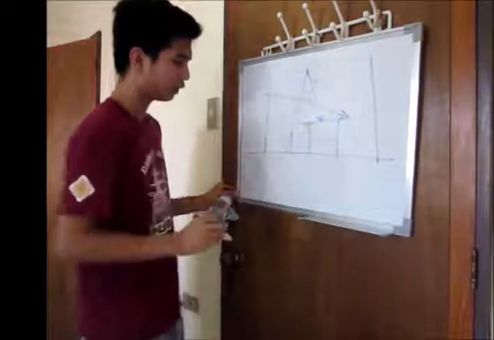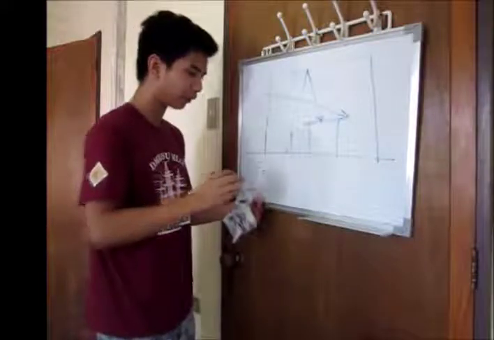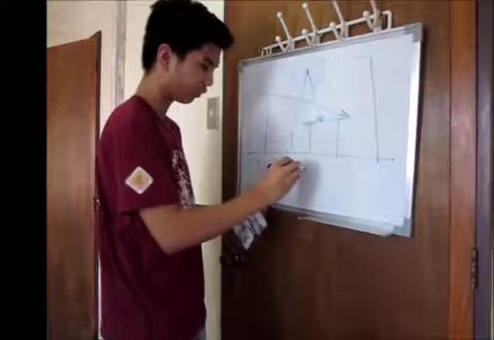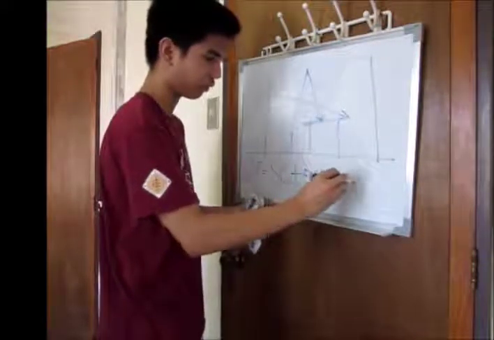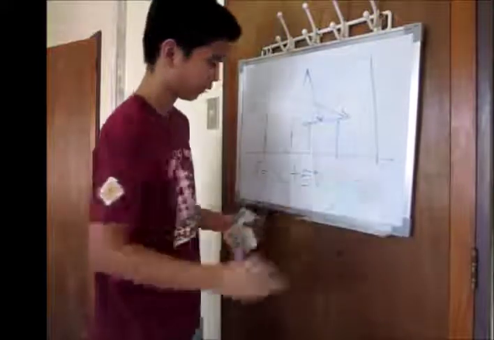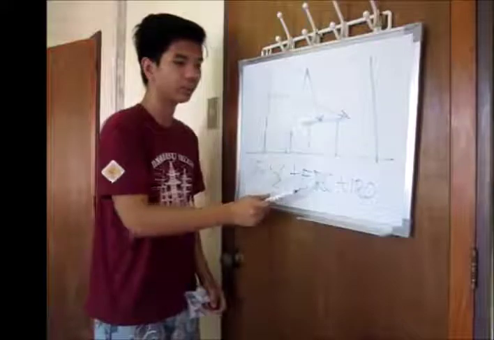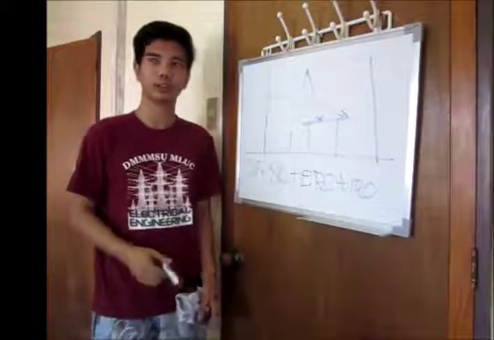Also, this is the formula to calculate a daylight factor: skylight component plus the externally reflected component plus the internally reflected component.